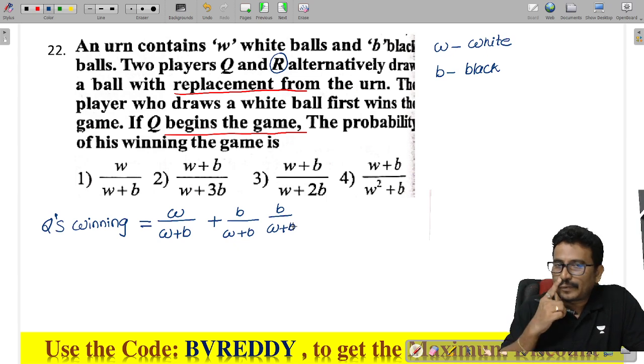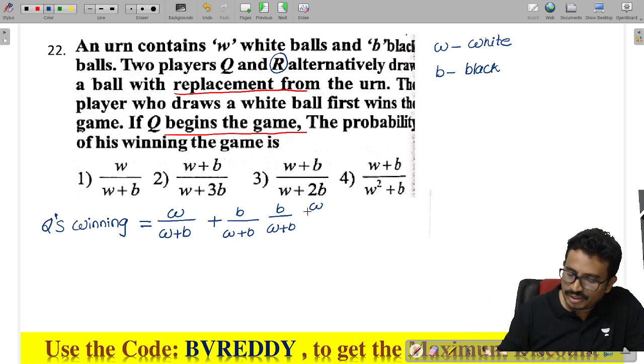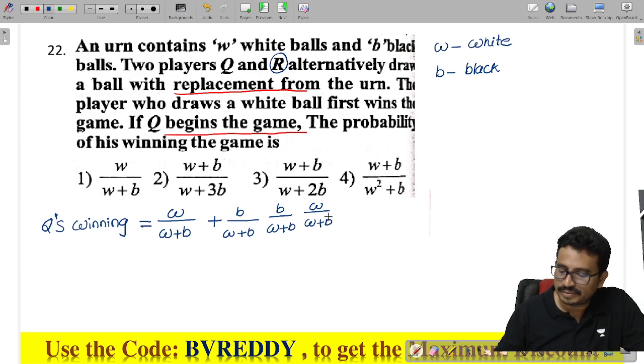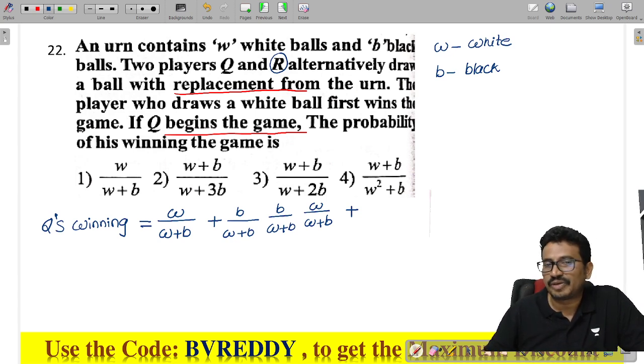So here the first time Q fails and the first time R fails. Then the second time Q has to win. Q winning means W by, he has to pick the white ball. Plus the second time. Now let us say the second time also Q may fail.